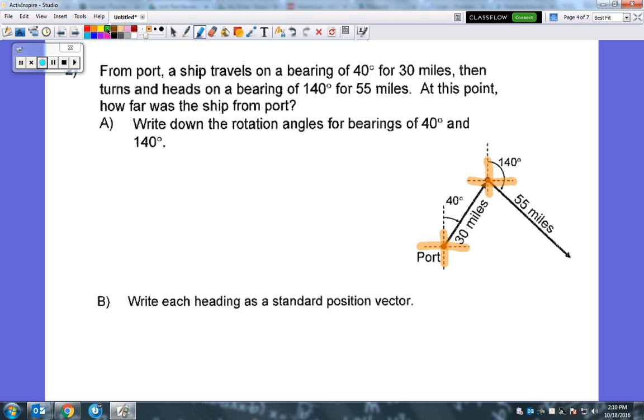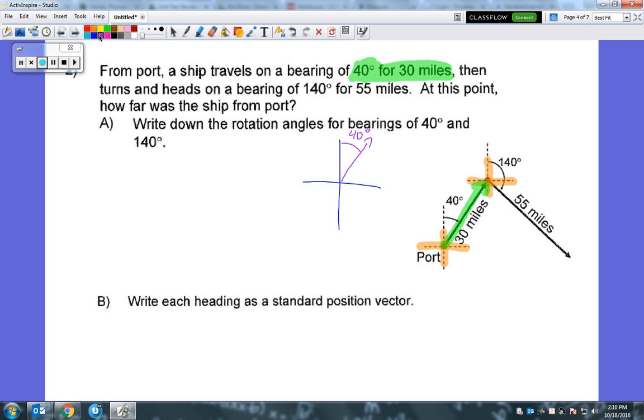So vector 1 is doing this, and it says from a port a ship travels at a bearing of 40 degrees for 30 miles. Again, bearing comes from north and goes clockwise. So I go until I create a 40 degrees angle, and that's the way I'm traveling.